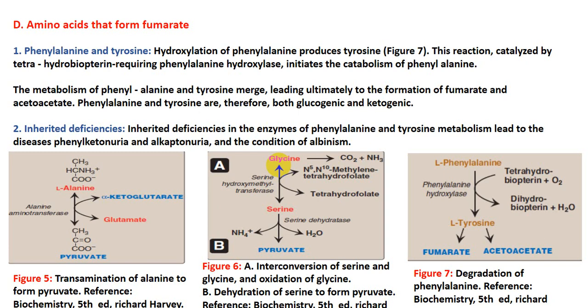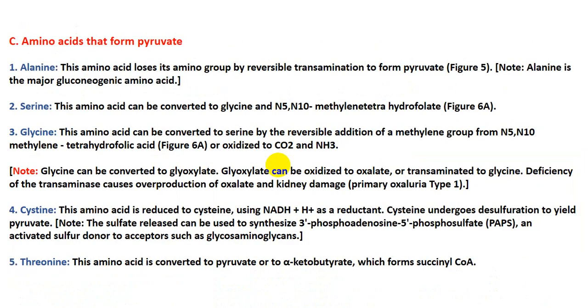Any deficiency in the transaminase enzyme could lead to overproduction of oxalate and kidney damage, and this type of disease is called primary hyperoxaluria type 1.